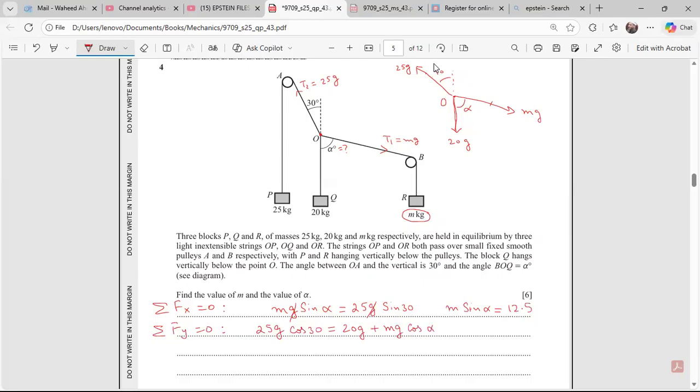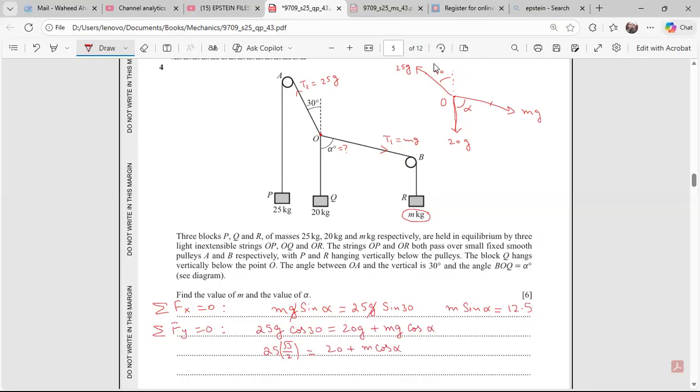Again, I can cancel out g throughout. It's going to be 25, and cosine of 30 degree is root 3 by 2. So 25 times root 3 by 2 equals 20 plus m cos alpha.